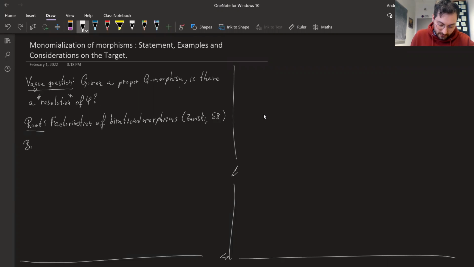And since then, there are some sort of bifurcations of what this question should mean that depend on the applications one is interested in. So we can go back to the notion of monomization, which goes back to Hironaka, but you can also go even a little bit further back. This notion already appears in low dimension, at least in papers of Abhyankar from '66.